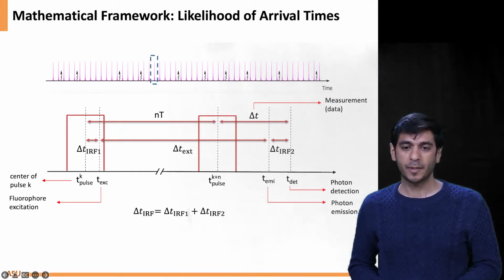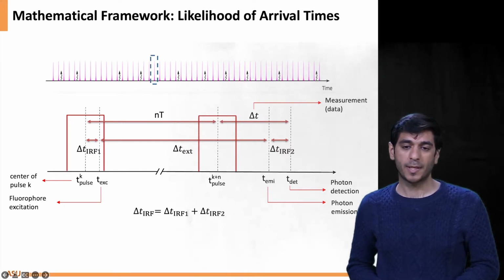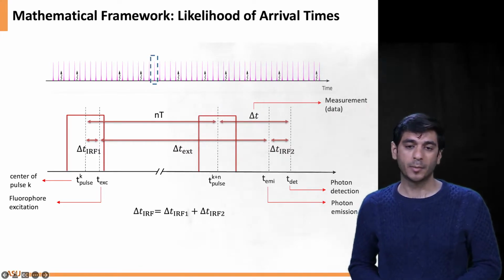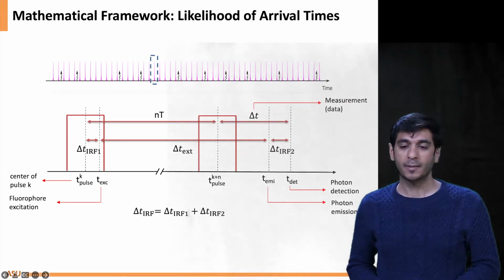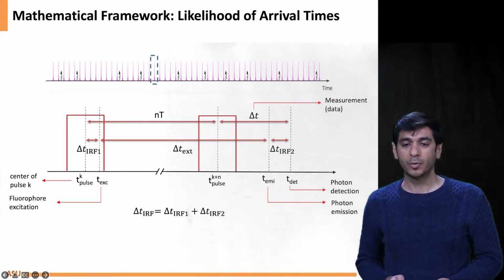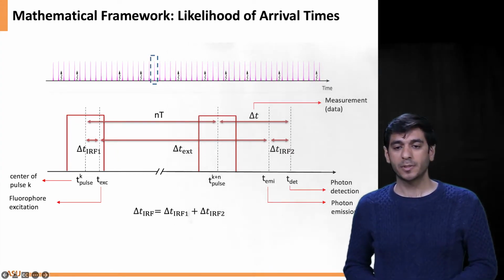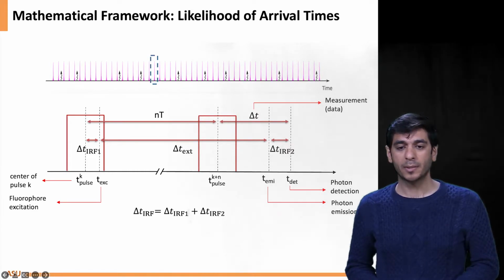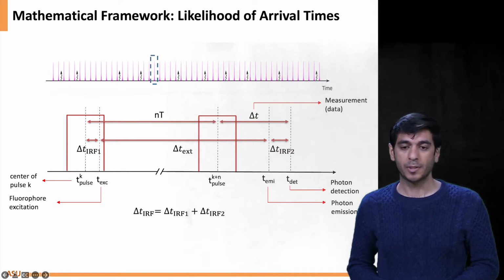The difference between the center of the excitation pulse and the time that the fluorophore gets excited, we show by delta T IRF, and then the delay in the detection of the photon, which I show by delta IRF2. So the sum of these two parameters is shown by delta IRF, which stands for instrument response function.